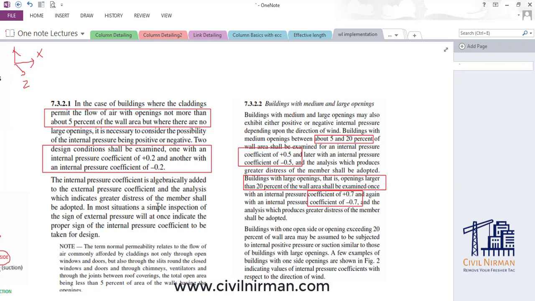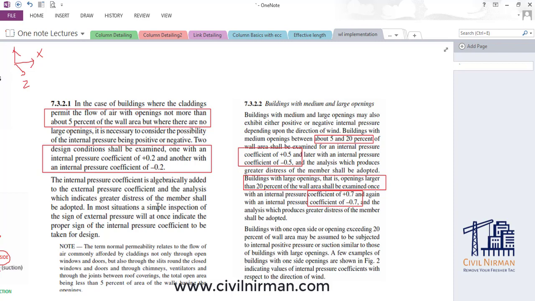In terms of windows, generally in a PEB shed, if you have up to 3-meter wall segments, then you might have windows for ventilation purposes, and that particular opening you have to calculate separately. If that opening is up to 5% of your total structural configuration area, then you have to consider Cpi as plus or minus 0.2.